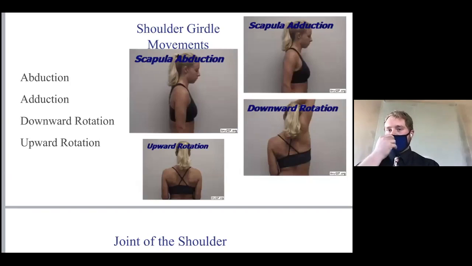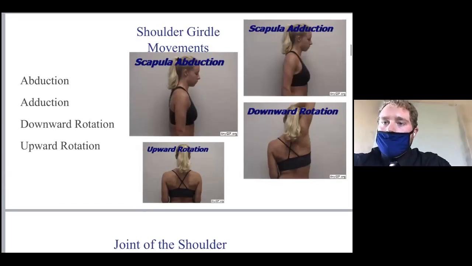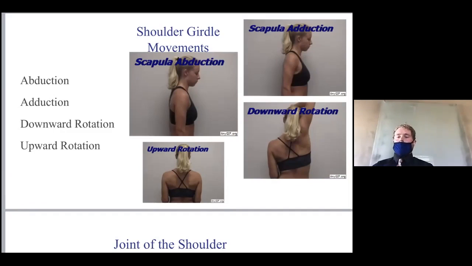Here are the movements of the shoulder girdle. You have abduction, which is the movement whenever you lift your arm up. Whenever you lift your arm up, it actually rotates counterclockwise, your scapula does.